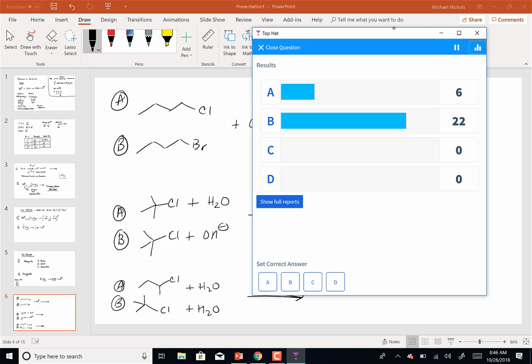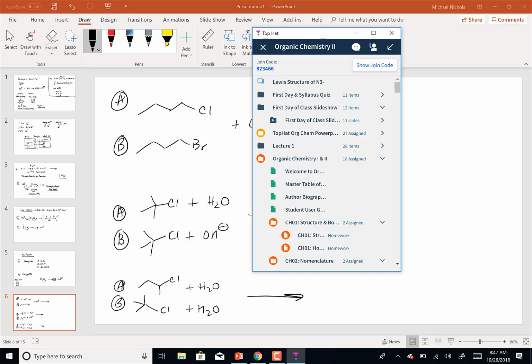Okay, 22 say B. Why do you say B for the first set of reactions? Because Br is a better leaving group. Okay. So we really kind of need to think about the whole. Let's move on to the next one, and then I'll sum up at the end.